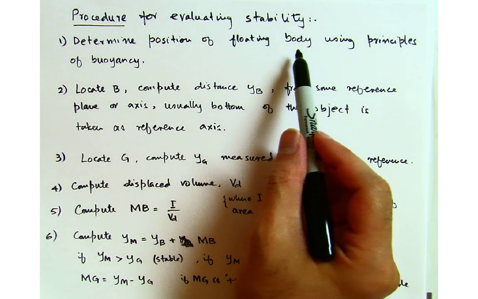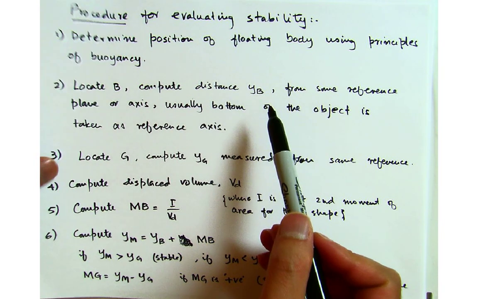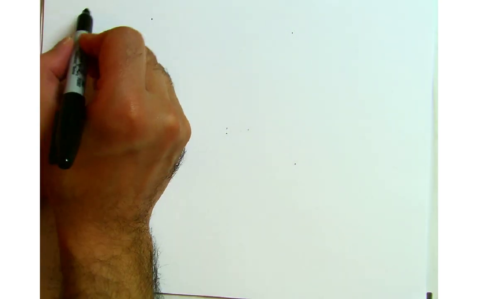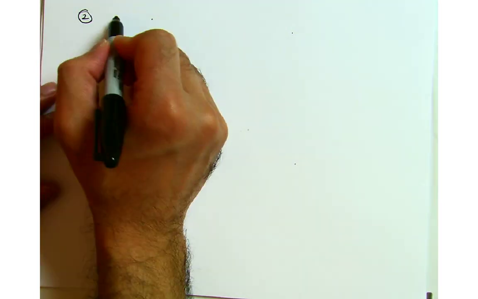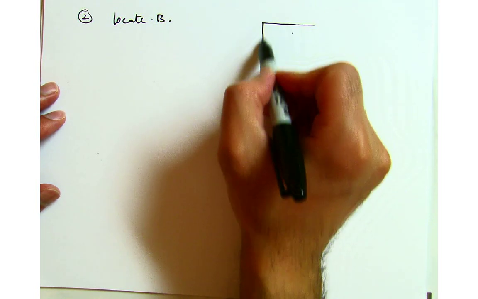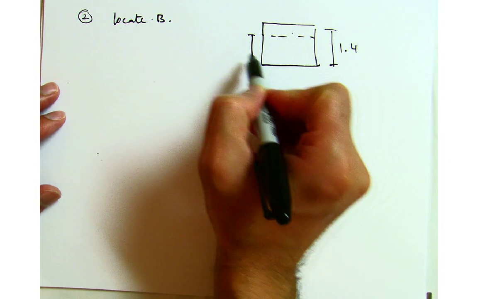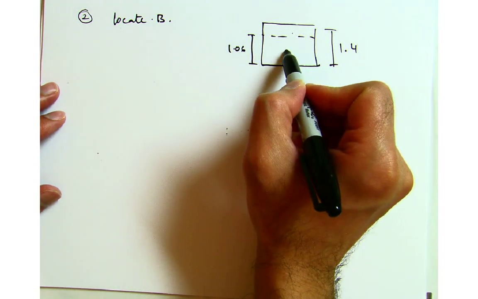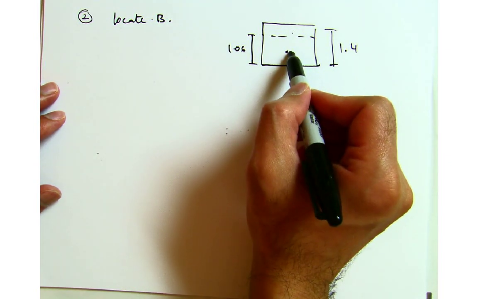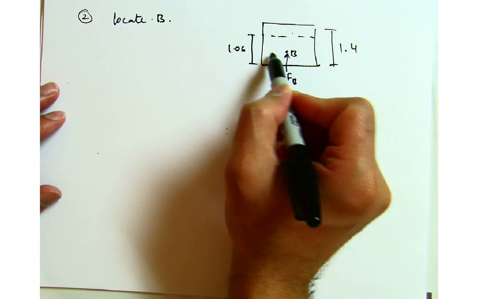The next thing we had to do, as I can bring back, to determine the position of the floating body using principles of buoyancy, the next thing was to locate B and compute YB. So we have to find out where exactly this B is acting. So I write this as 2, locate B. If this is our body of 1.4, and this is 1.06, then B is somewhere over here in the middle, because it is a centroid, so that's where the buoyancy force is acting, so it should be half of this.